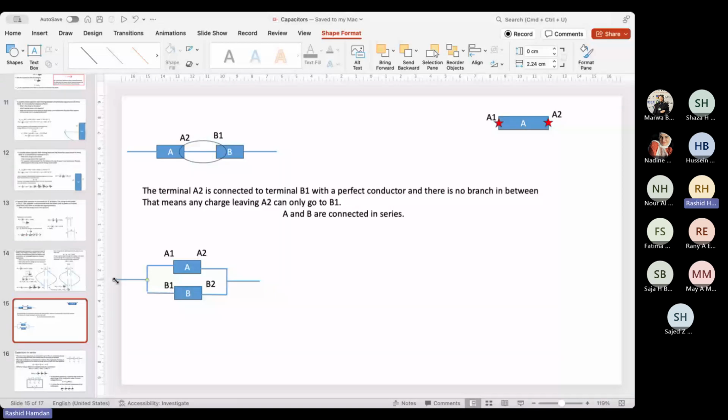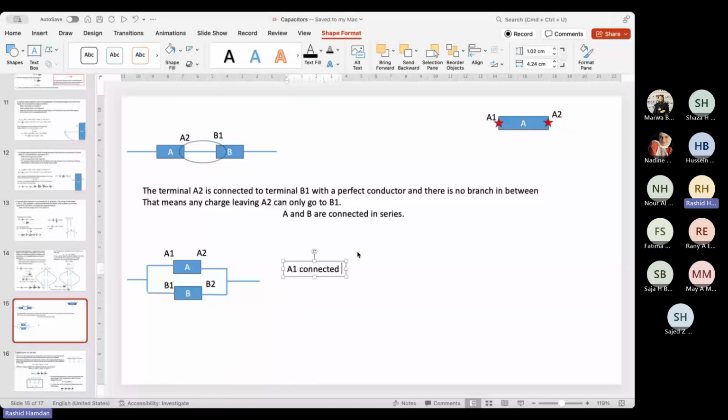So in this connection, we have the terminal A1 connected to B1 and A2 connected to B2, by a perfect conductor.